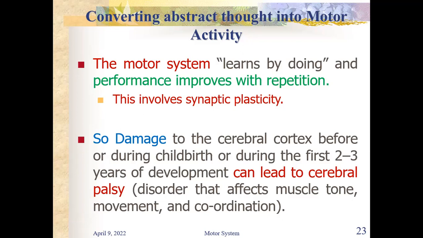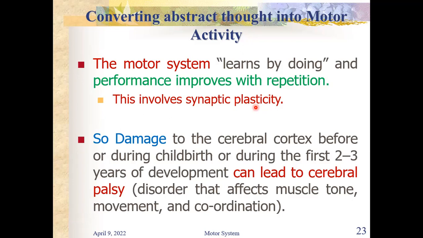So that involves what we know as synaptic plasticity. As you continue practicing a movement or an activity for some time, before you know it, you become perfect. Before you know it, you can type with your phone without even looking at your phone. Before you know it, you can drive without even looking left and right. Okay, so that is what we know as synaptic plasticity.